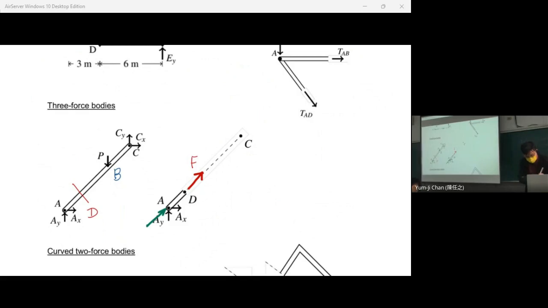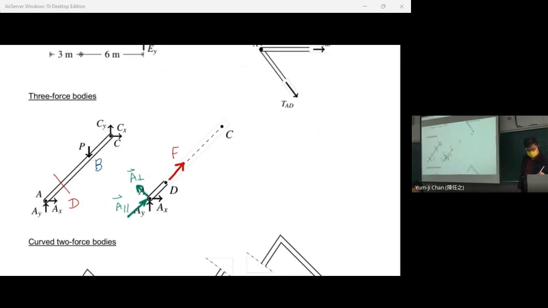A parallel and A perpendicular. Can I draw it like this? Because forces in X and Y direction can be written in a parallel and perpendicular direction as in chapter 2.